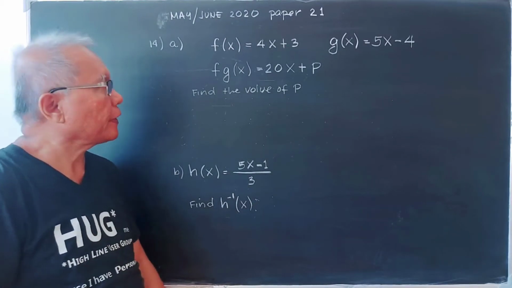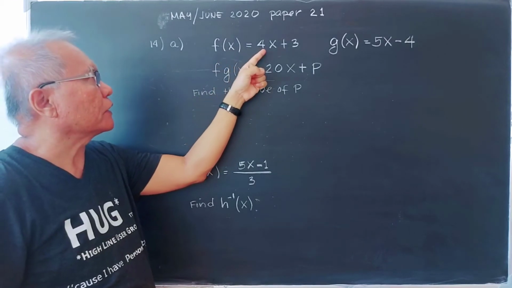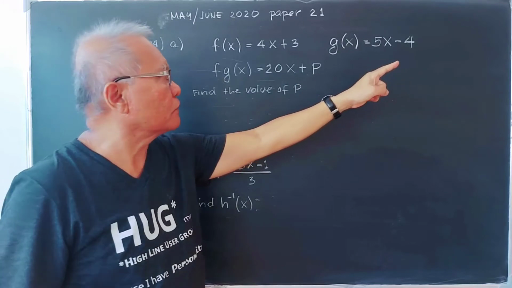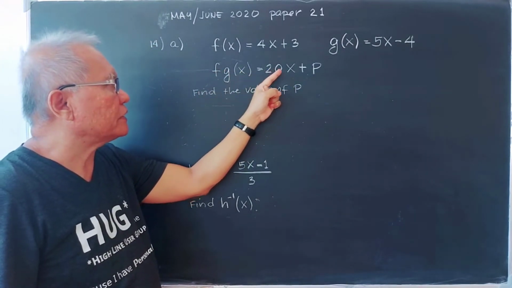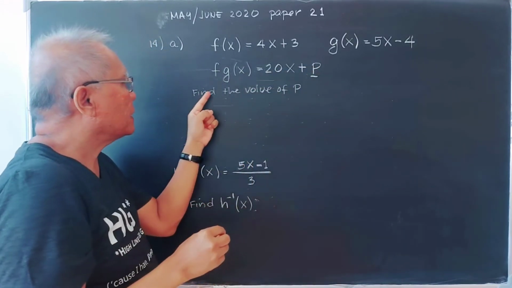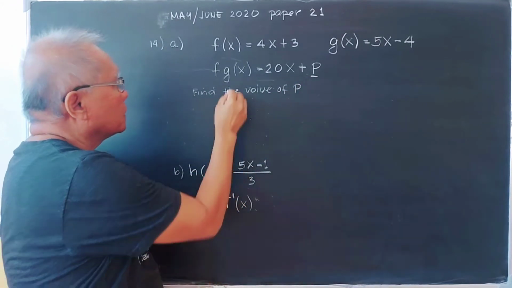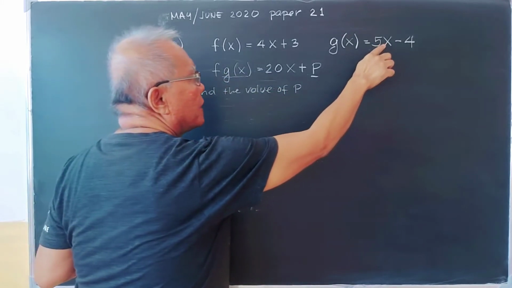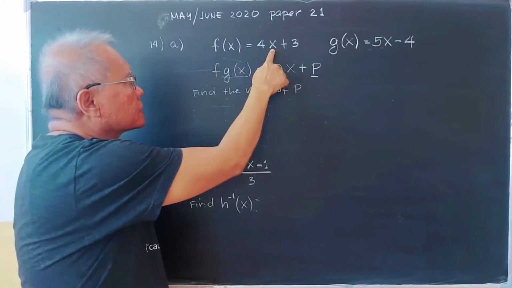Number 14. We have f of x is equal to 4x plus 3, g of x is equal to 5x minus 4, and f of g of x is 20x plus p. Find the value of p. This means we are going to substitute 5x minus 4 for the x of f of x.